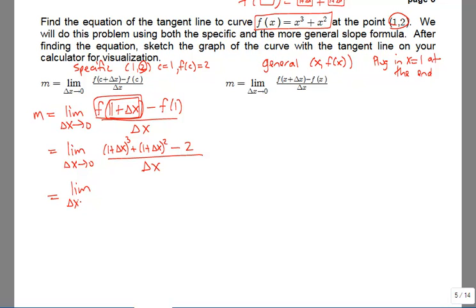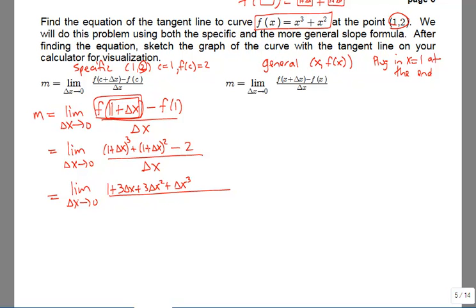In a few previous lectures we've done this before, so I'm not going to go through it all out. But to figure out (1 plus delta x) cubed, you can do it the long way, which would be to FOIL this out, or you can just memorize the formula for how to cube a sum. It's the first term cubed, 1 cubed stays 1, then you have a middle term, and then it's going to be 3 times delta x plus 3 times delta x squared plus delta x cubed.